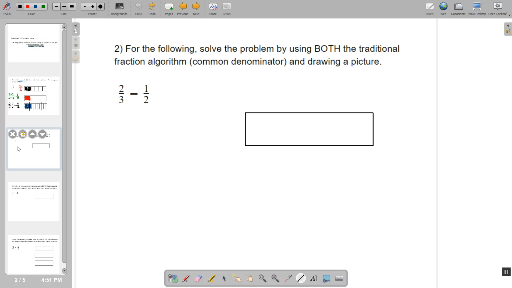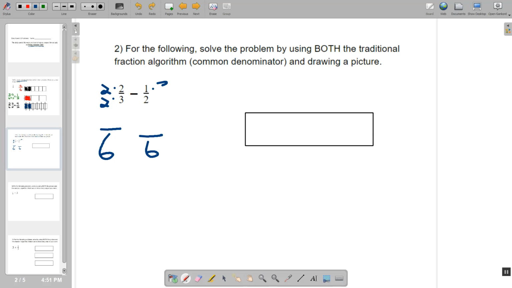So we have 2/3, and we're going to take away 1/2 using the traditional algorithm, common denominator, and drawing a picture. So by our common denominator between thirds and halves, the smallest common denominator would be 1/6. I can create 1/6 by multiplying our left fraction, numerator and denominator by 2.